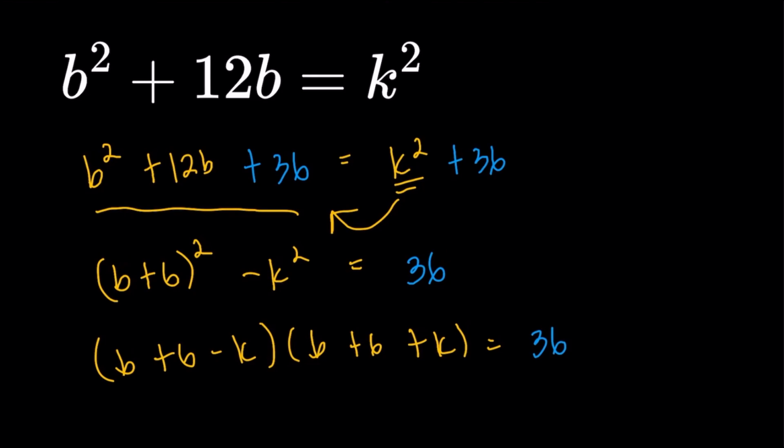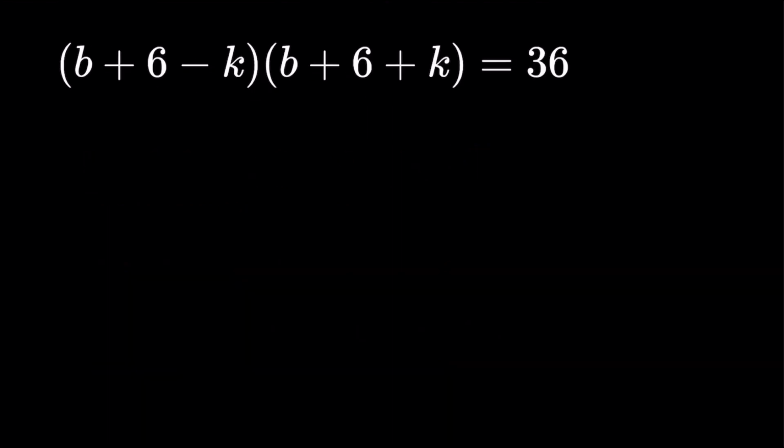Because b and k are integers, we could just do the method of assigning of factors, which is pretty nice. We do have these two factors, and because we set k to be a non-negative integer, the left factor is less than or equal to the right factor. Now, there's another thing we could do. Let me take the sum of the two factors, the left factor and the right factor.